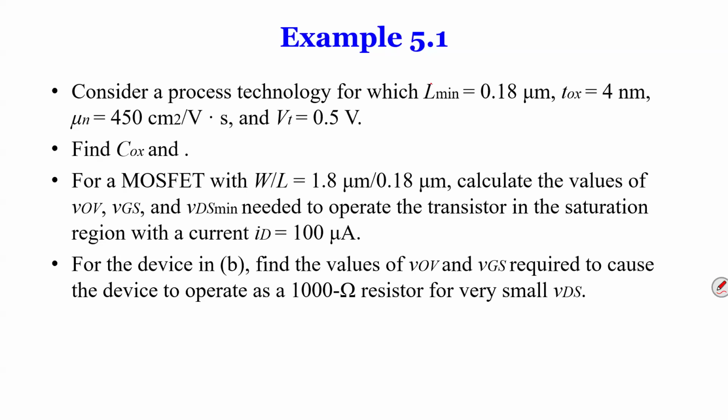And then TOX, the thickness between gate and body, is 4 nanometers. And then mu n is given as 450 and Vt is 0.5. So first of all, they want to find COX.